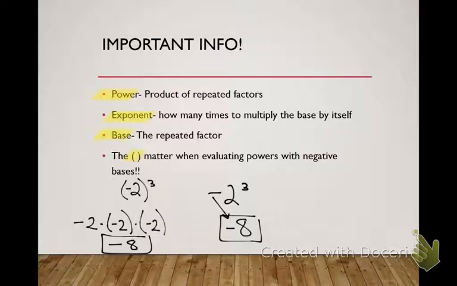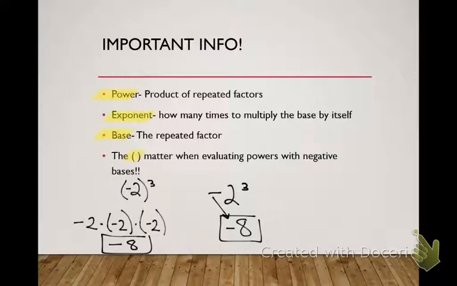And then you just bring it down in your answer. Okay? All right, so yeah, this is a good question. They're both negative 8, but they're negative 8 for a different reason. And you're going to see in the next slide that it actually does matter. Or maybe it's example 2. All right, but that negative being in or out of the parentheses does make a difference.